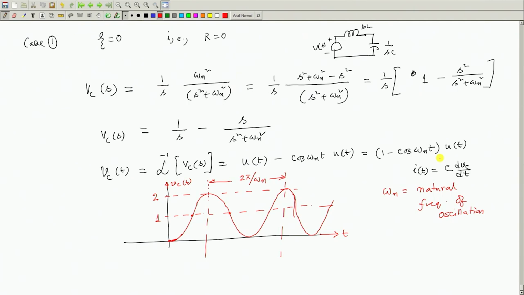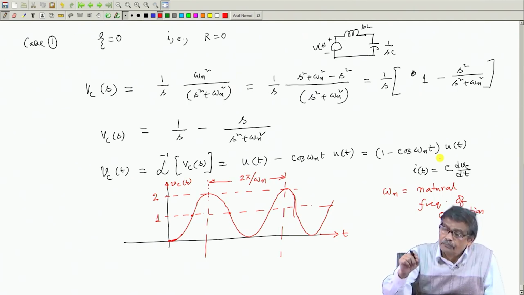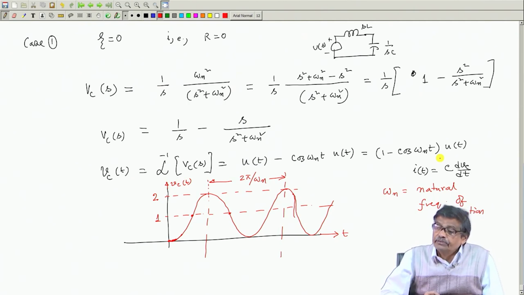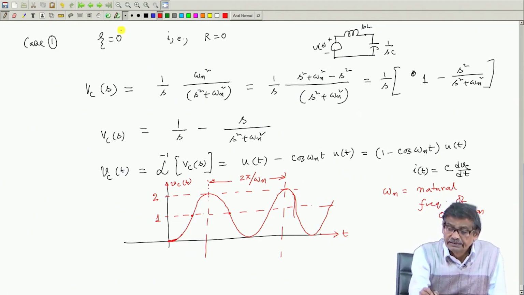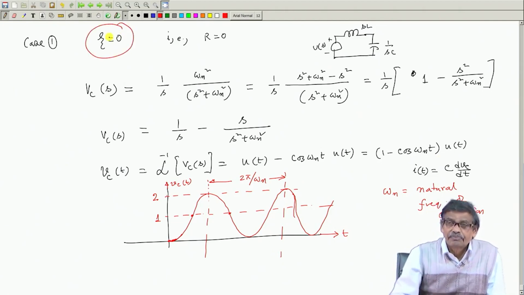So, when you switch on a DC voltage across a series LC combination without any initial current, it will be like this. So, this is case 1, that is damping is 0.